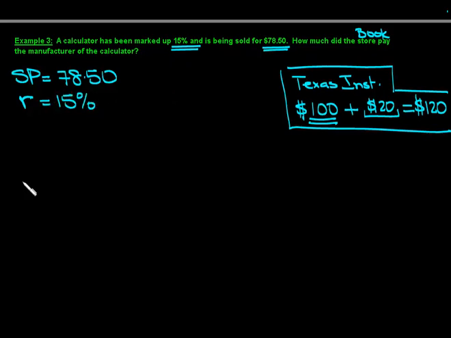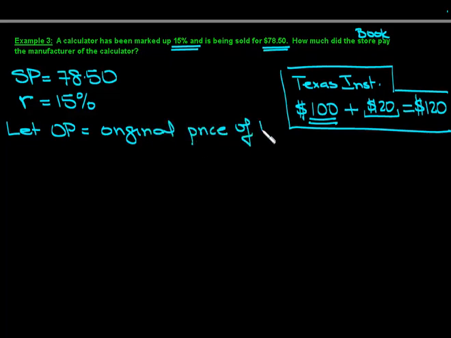So the question is, how much did the store pay for the calculator? What was the original price of the calculator before the markup? Let's call that OP. So we can let OP equal the original price of the calculator.